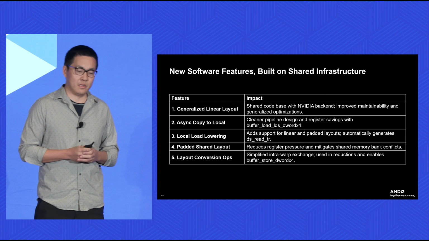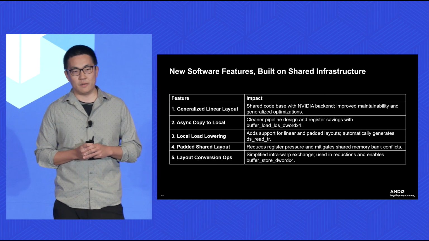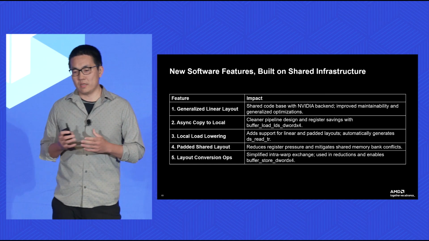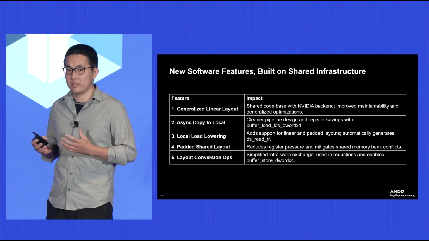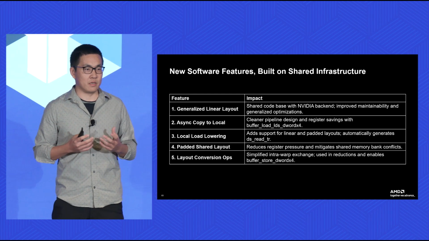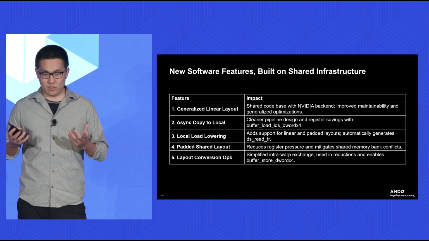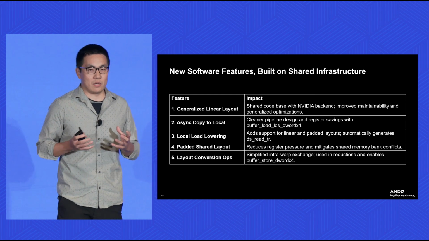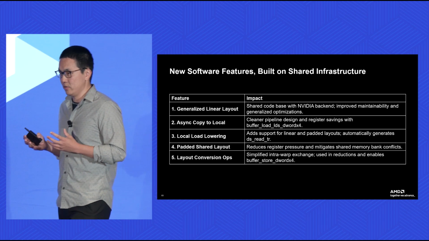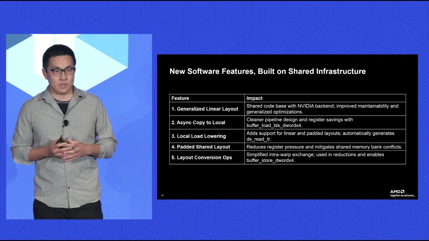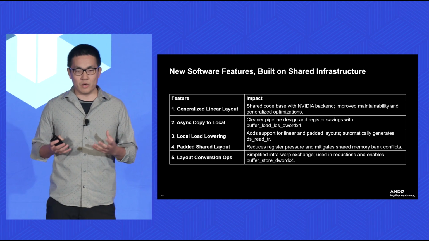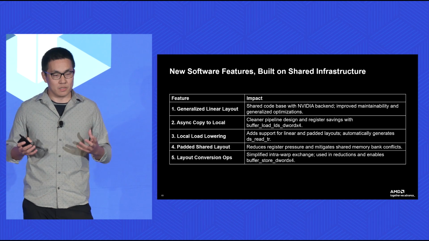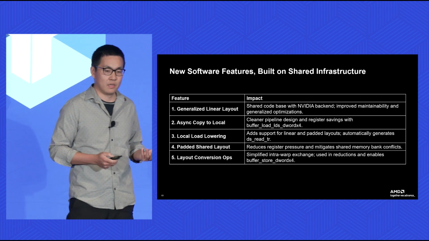Finally, these layout conversion ops help with intra-warp data exchange, and they also enable larger vectorized stores. Okay, so all of these build on top of the infrastructure we just discussed. This demonstrates how we could quickly adapt Triton for MI350.